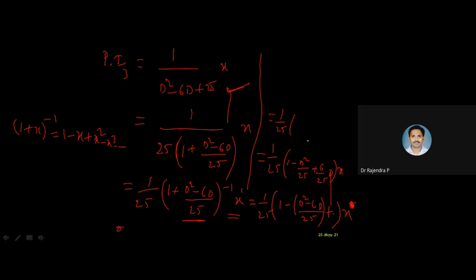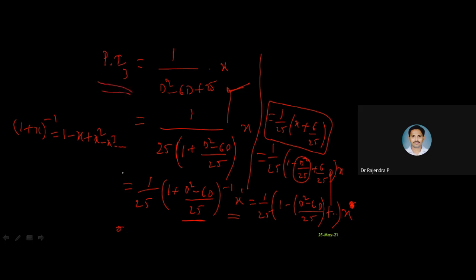Now this x is multiplying inside x, minus derivative twice means this term is going to be 0, or not? Yes, sir, going to be 0. So plus 6 by 25 into the derivative of x, which is 1. So this is your particular integral result for the third part.